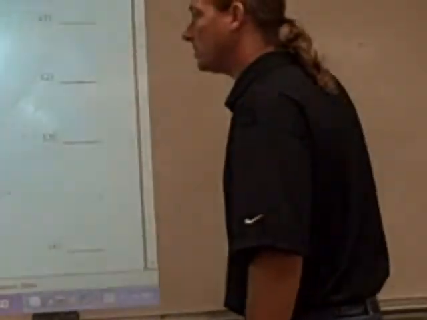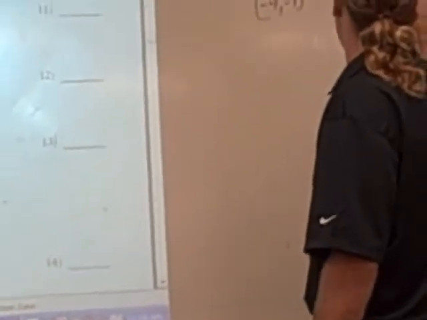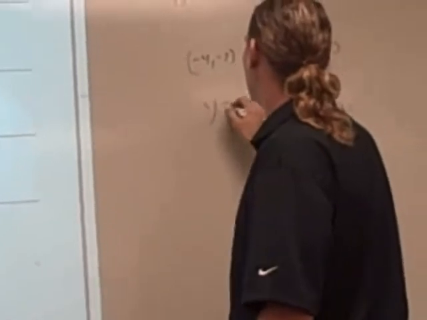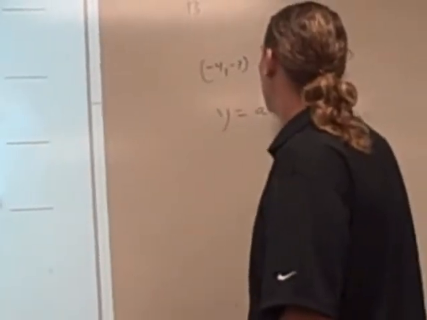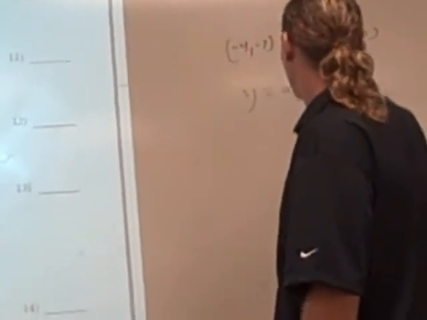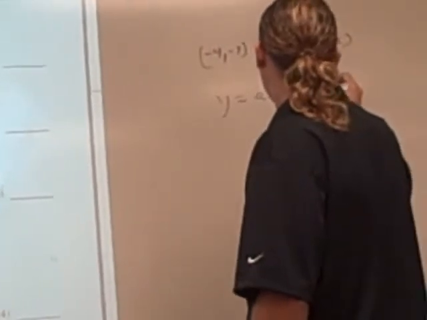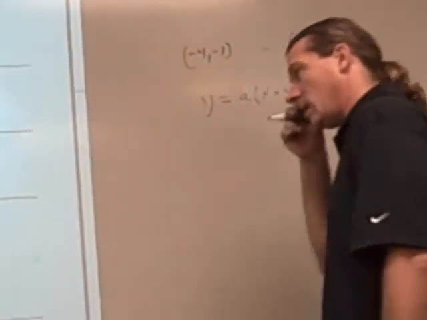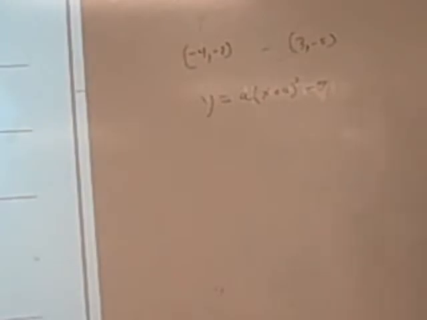And that is the vertex, and the point is 3, minus 5. So y is equal to a times x plus 4 squared minus 7. Why is that a plus 4? Yeah, it's the opposite sign.